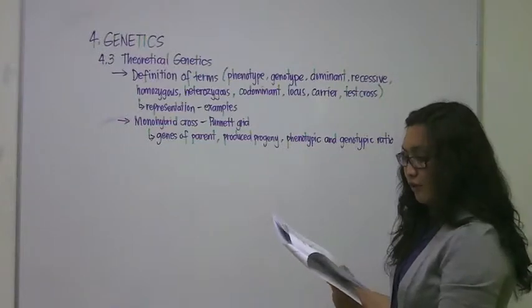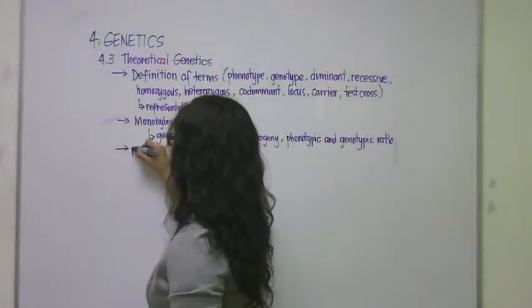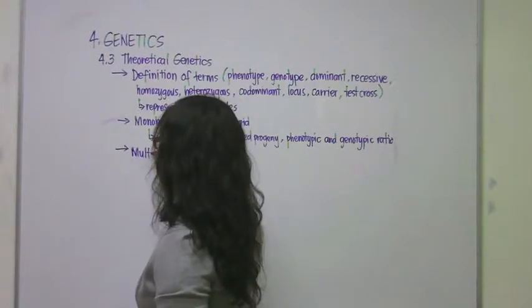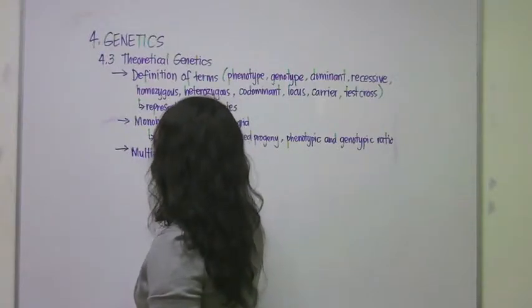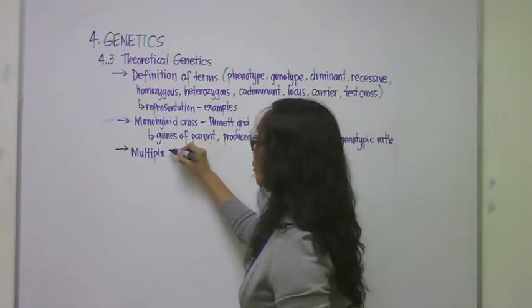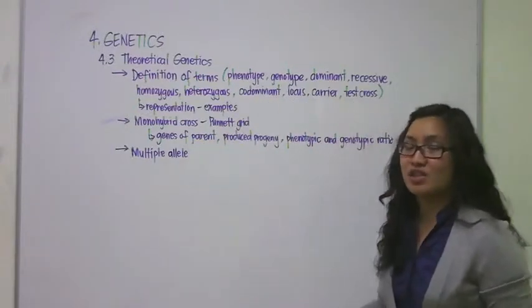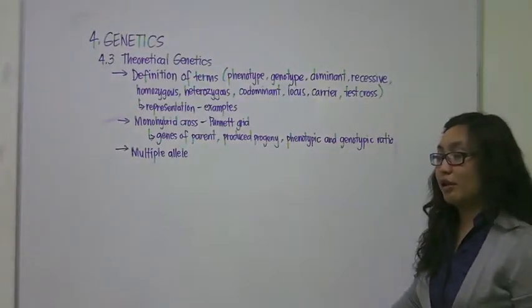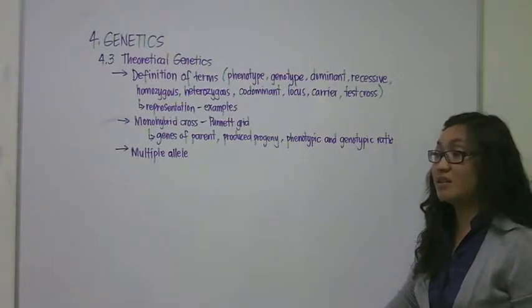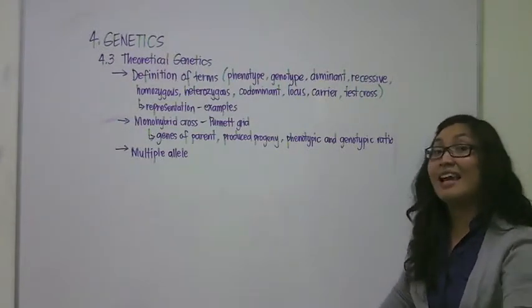Okay, so next, we have to explain multiple alleles. So as you go along explaining what monohybrid cross is, students will find out that usually a specific gene is being controlled by 2 alleles only, but it's not the case.